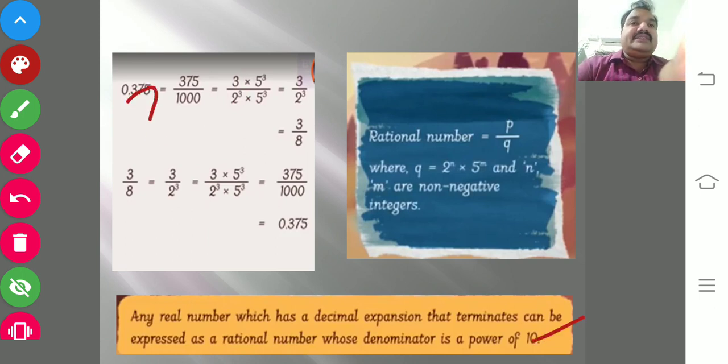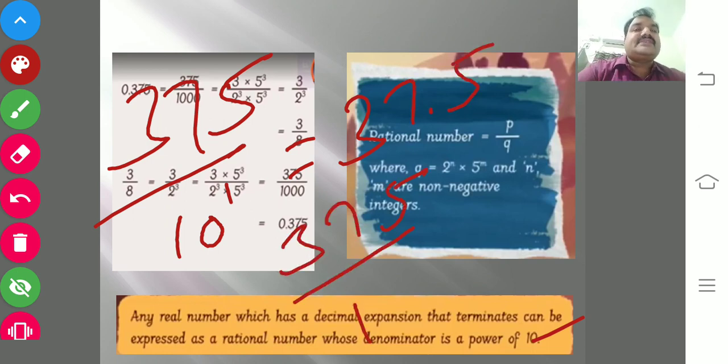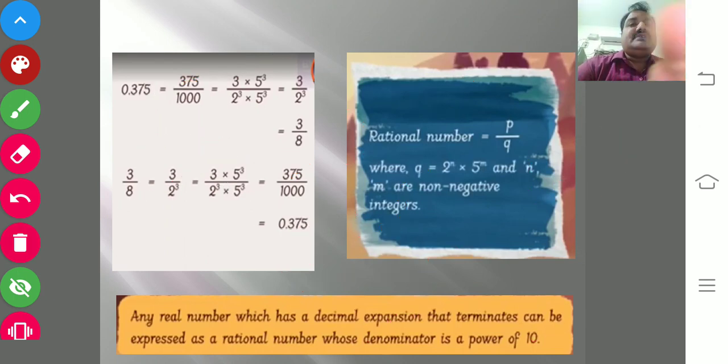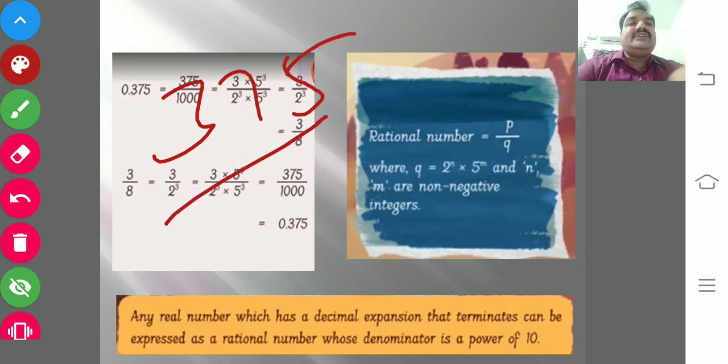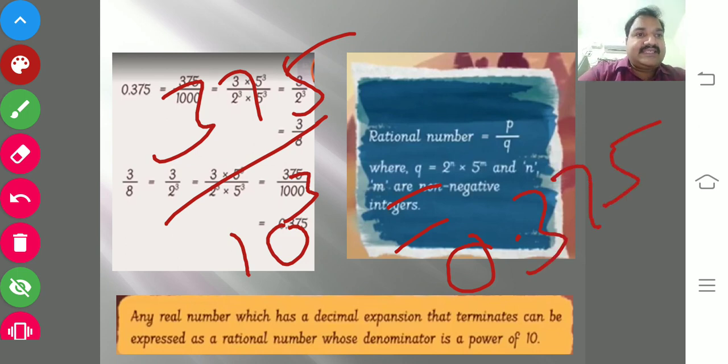Let it be 375 by 10 power 1, simply you can write 37.5. 375 by 10 square, simply you can write 3.75. 375 by 10 cube, simply you can write 0.375. Because, as already discussed, if we have 10 power 1, 10 square, 10 cube or 10 power n in the denominator, we can easily represent it in decimal form.